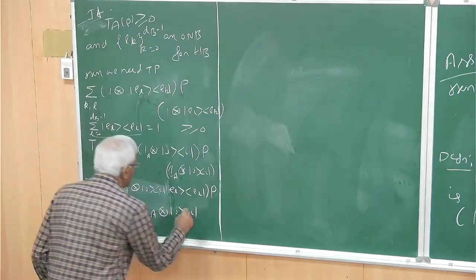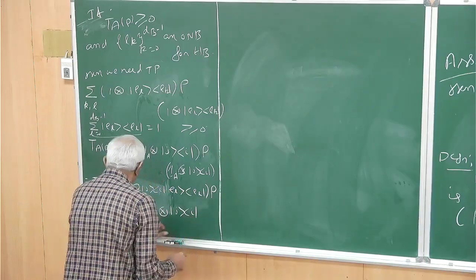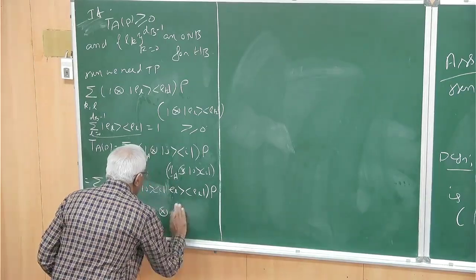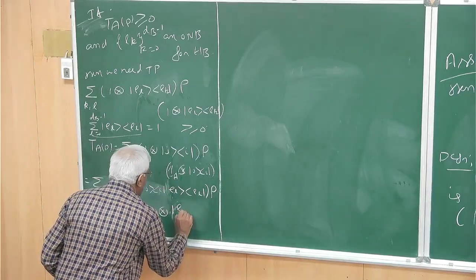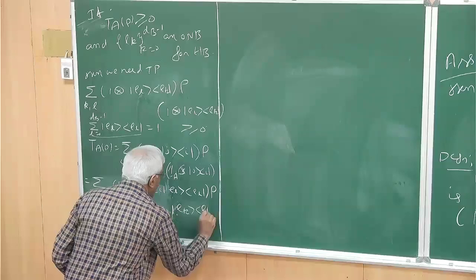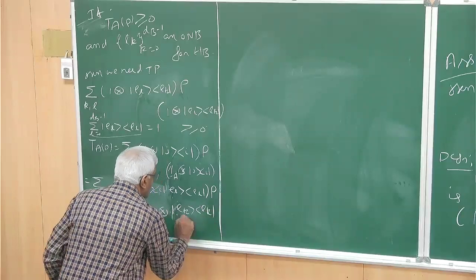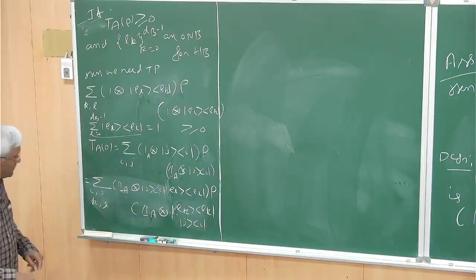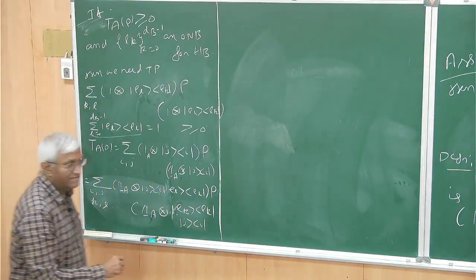This is right. Then |e_k> I have before this, |e_k>, then |j>. Okay, it's fine. I just inserted it; I haven't done anything.